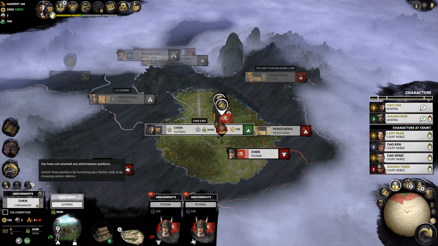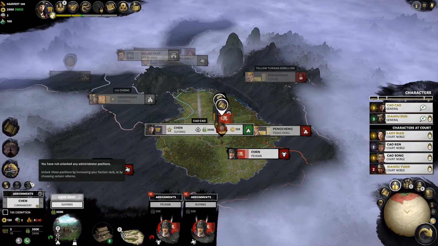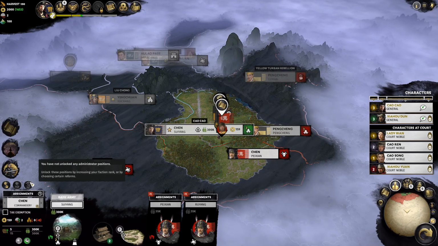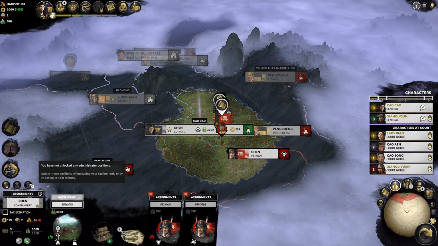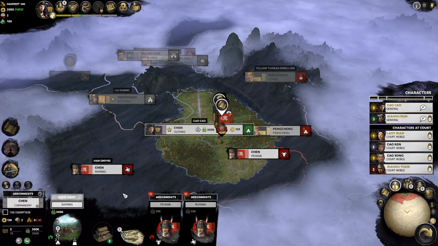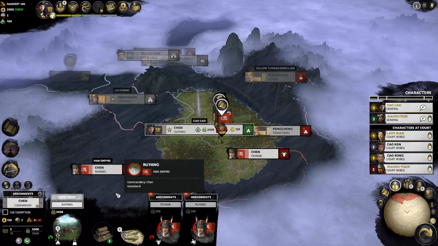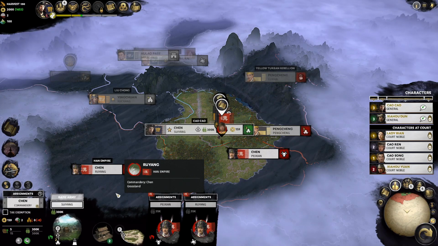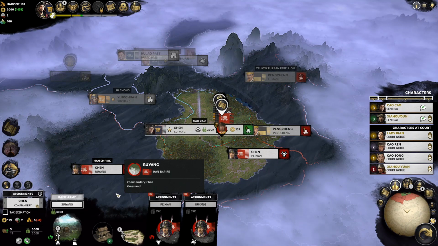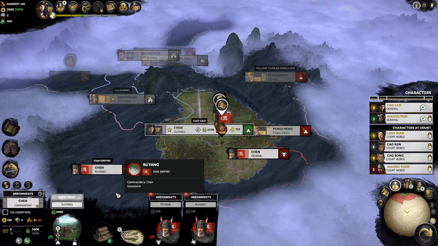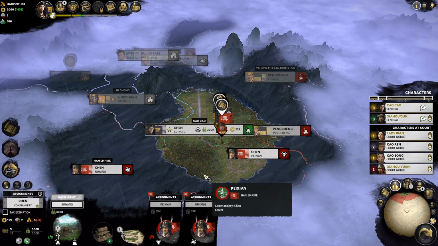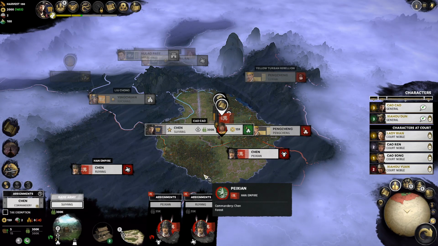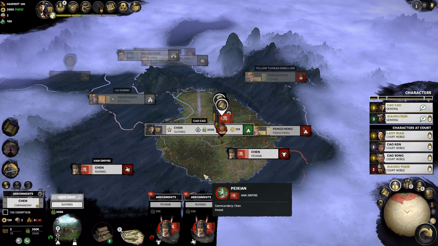Well, administrators provide a wide variety of buffs, from increasing your income, decreasing construction time, decreasing construction cost, providing an extra garrison to defend your commandery, and other various bonuses depending on their traits and background. So those are very, very strong. You can almost think of them as miniature or mini faction leaders that are responsible for one particular commandery on the map, and they will really help push your income of those commanderies much higher and also save money to build those up.